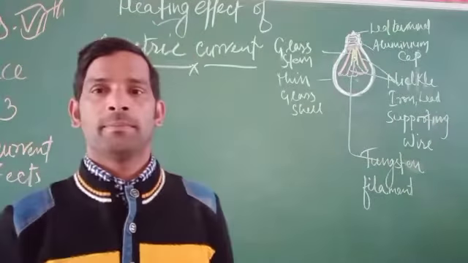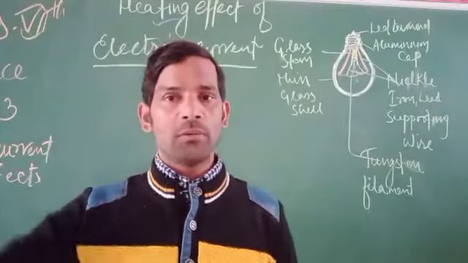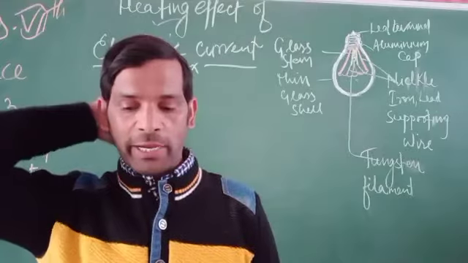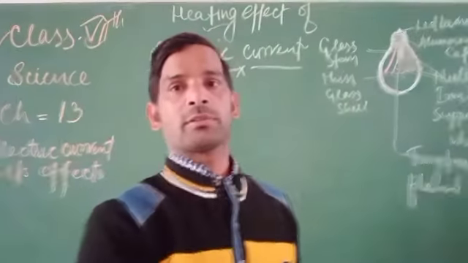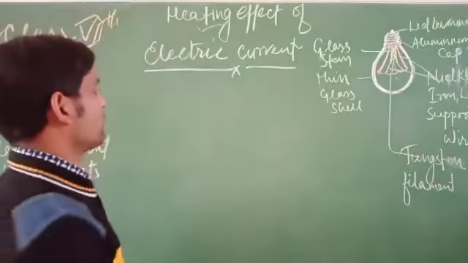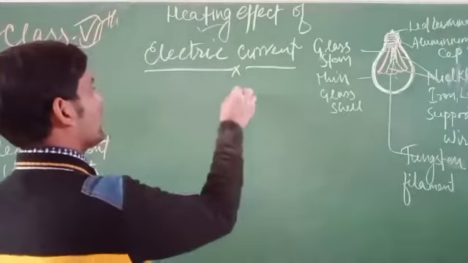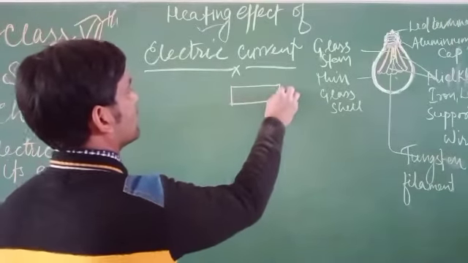Now, for the heating effect of an electric current, we will try to perform an experiment. How do we get to know that there is a current flow, and due to the current flow an effect of electricity occurs? Suppose here is a cell.